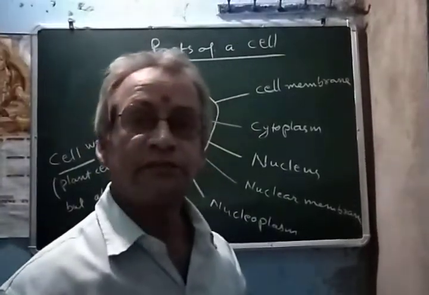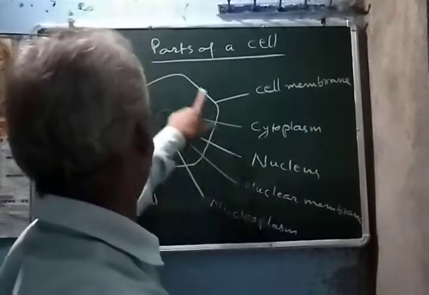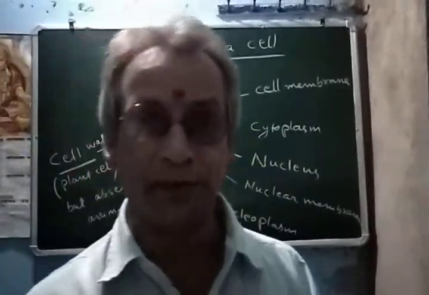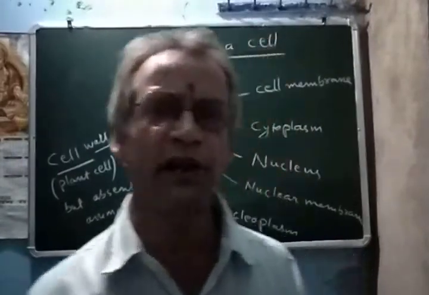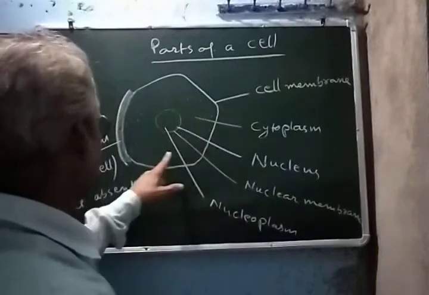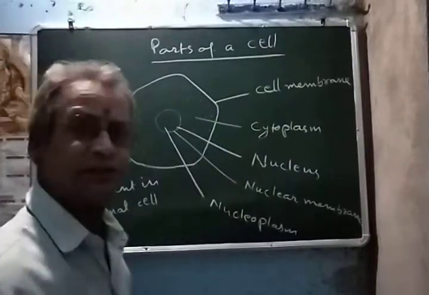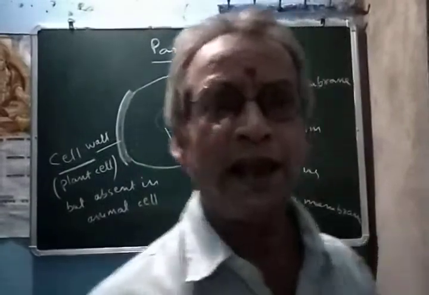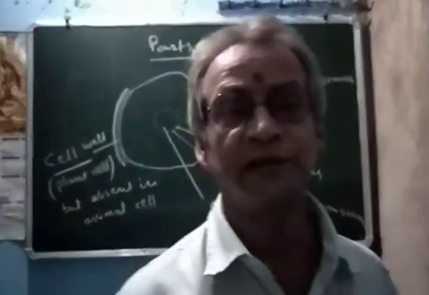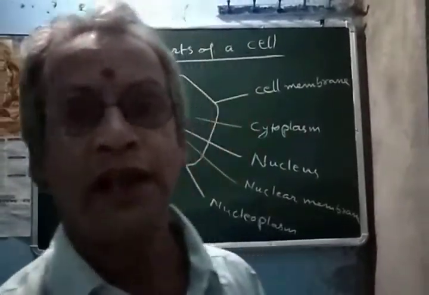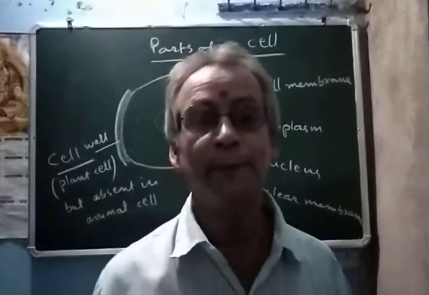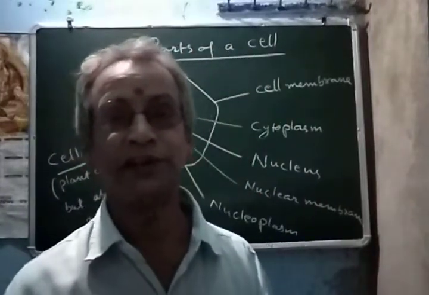Animal cell is surrounded by a cell membrane, and within this cell there is a cytoplasm, and in the center of this cell a nucleus is present, which is also surrounded by a membrane called nuclear membrane.